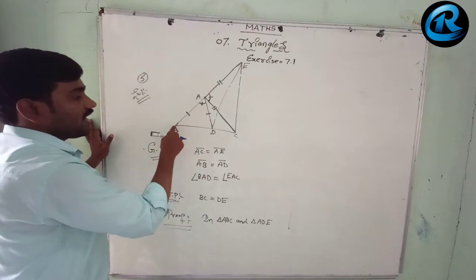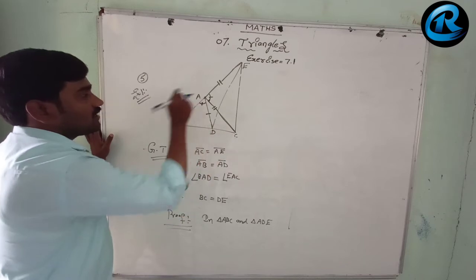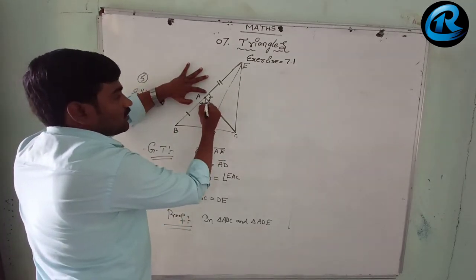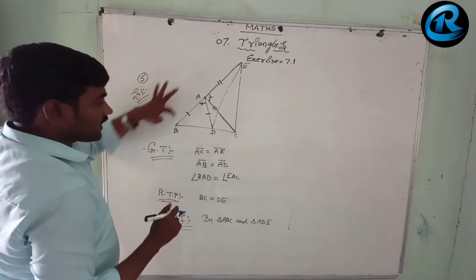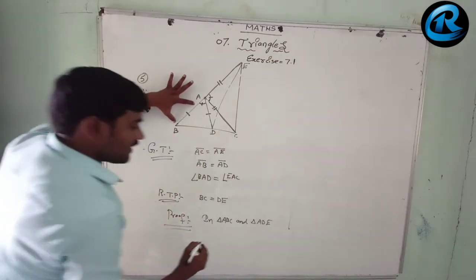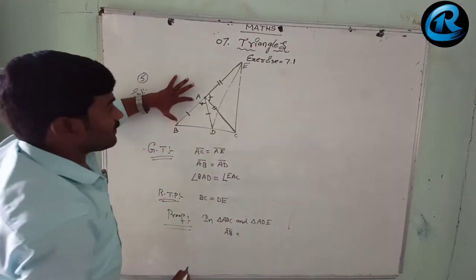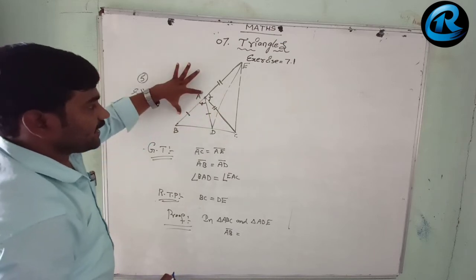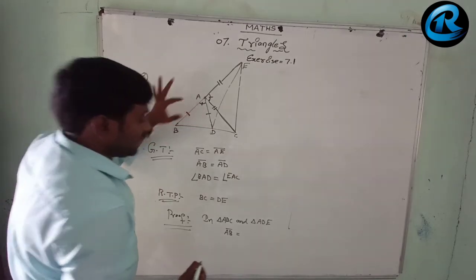In triangle ABC, you observe this portion is the same, children. In triangle ABC, this AB side is equal to the AD side in triangle ADE.